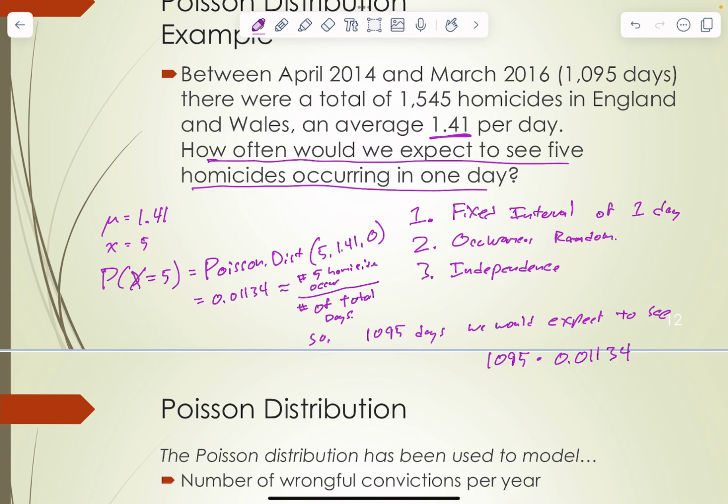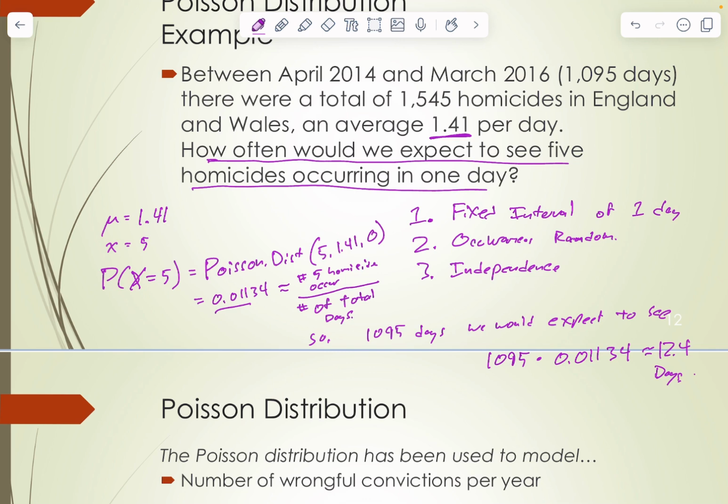We would expect to see about 12.4 days. So this probability is the number of occurrences over the total days. If we multiply by the total number of days, we recover the number of occurrences. And so that's what we would expect to see.